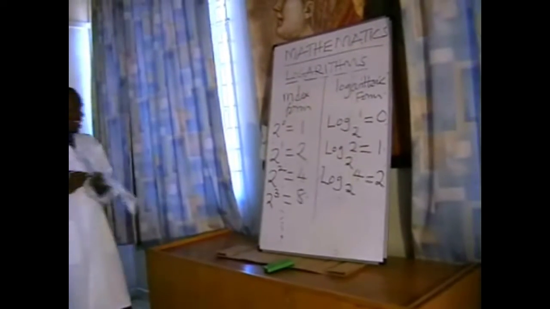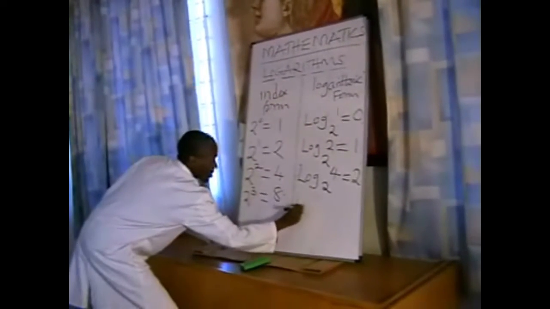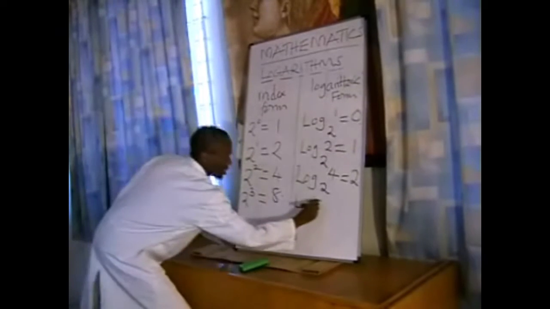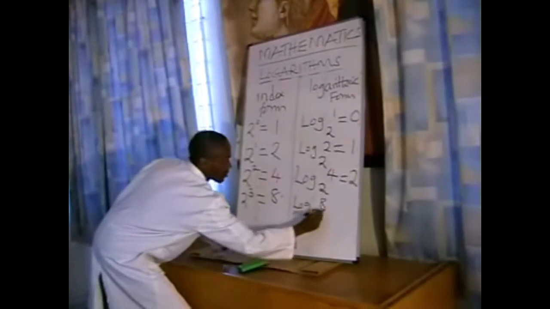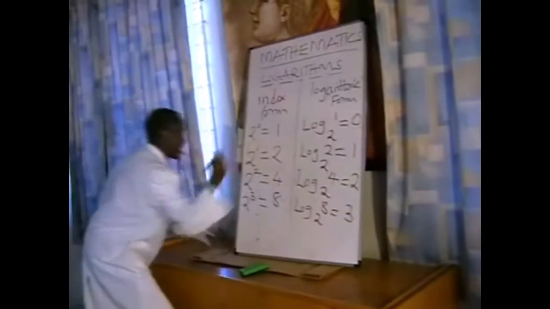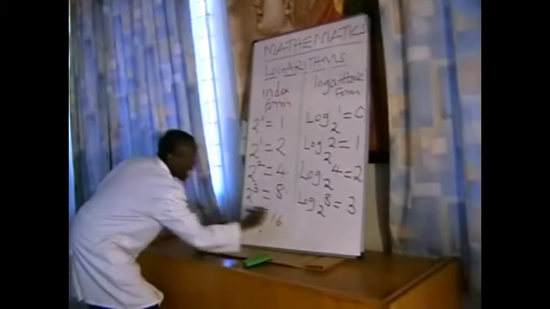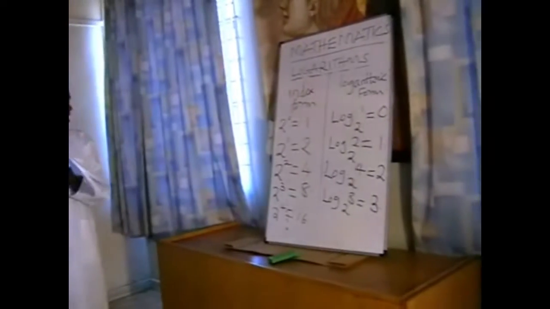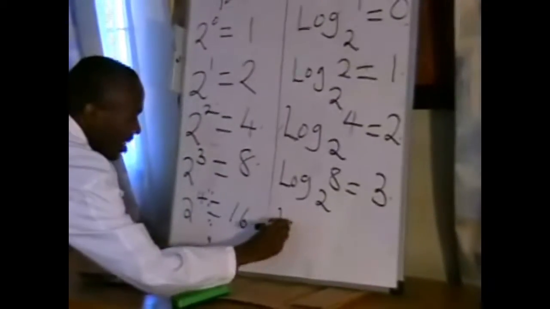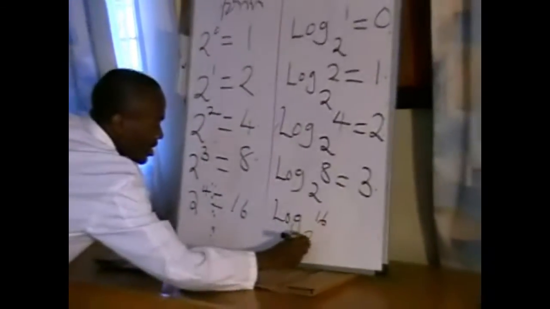The logarithm of 8 to base 2 is equal to 3. The last one, 2 to power 4 is equal to 16. Henry, once again. The logarithm of 16 to base 2 is equal to 4. Correct.